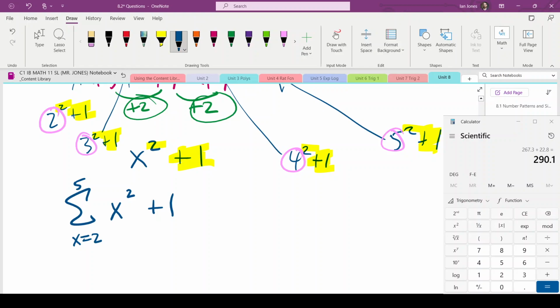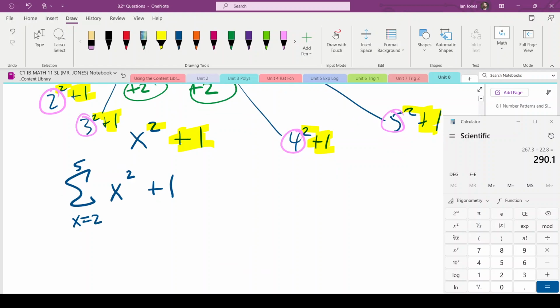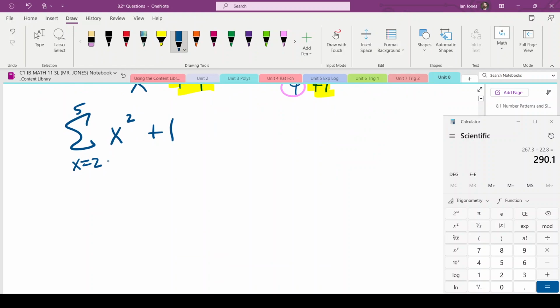That works. Now, maybe you'd like another expression. Maybe you don't want it to start at 2. Let me show you something. Let's suppose we want it to start at 1. Okay, and I'll use another variable, n. I want to relate x and n. Well, look at the first part.